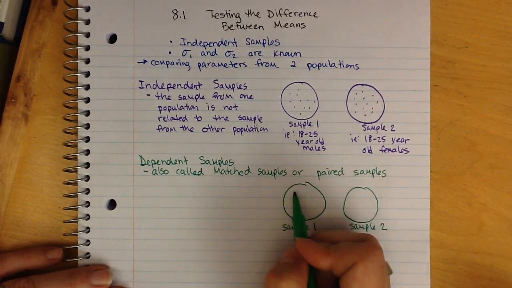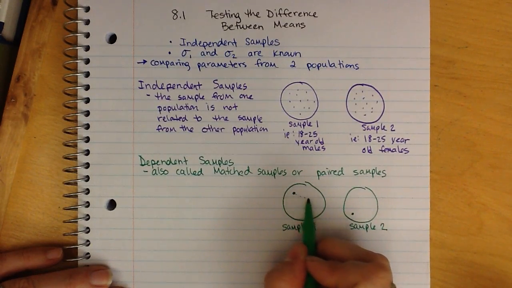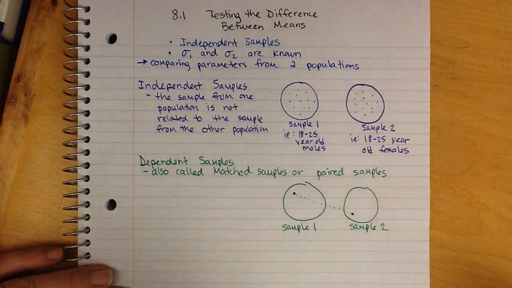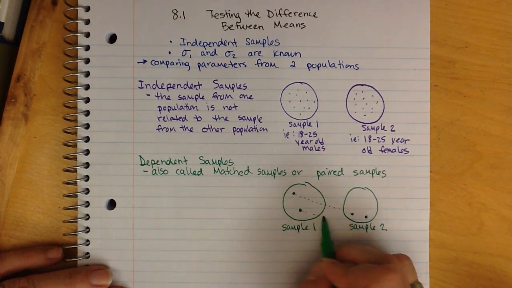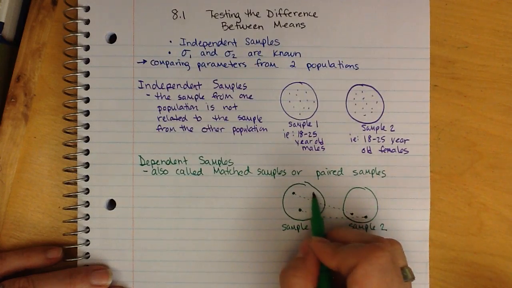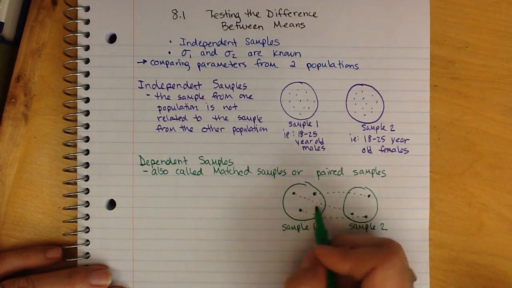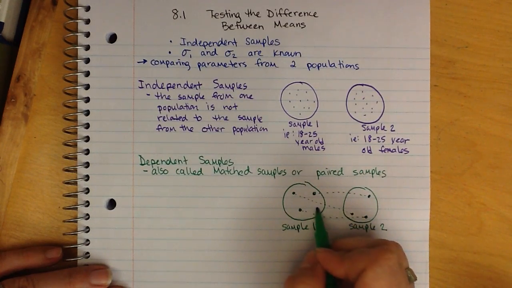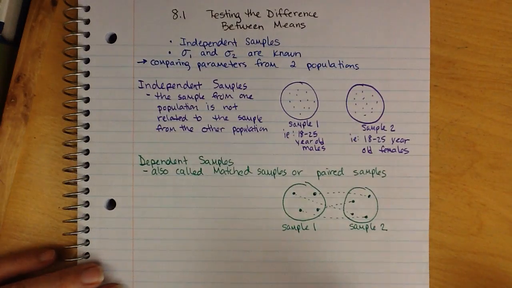And each piece of data in sample 1 would correspond to a piece of data in sample 2. So every time I have data in sample 1, it matches up with another data value in sample 2. Not meaning that they're the same number, just meaning that they correspond to one another.